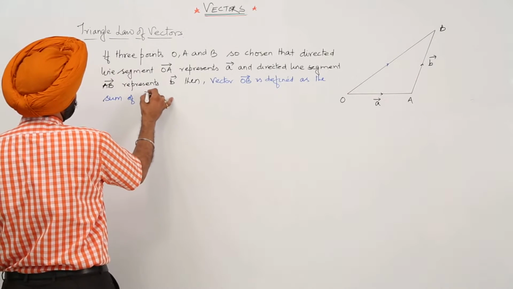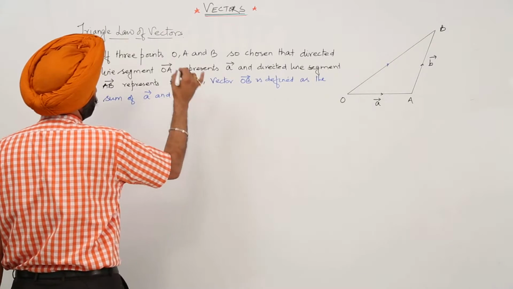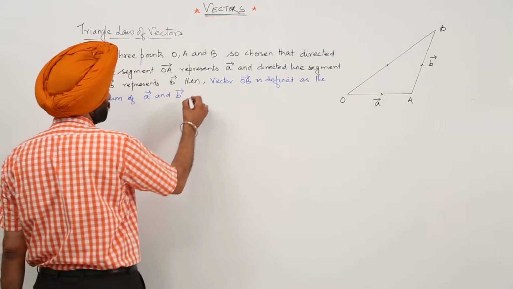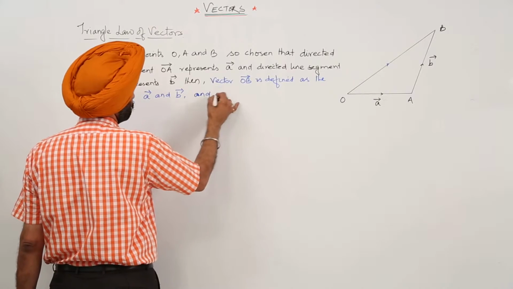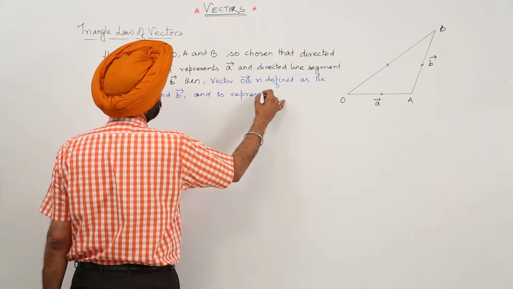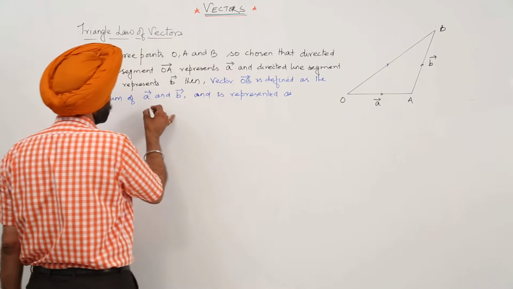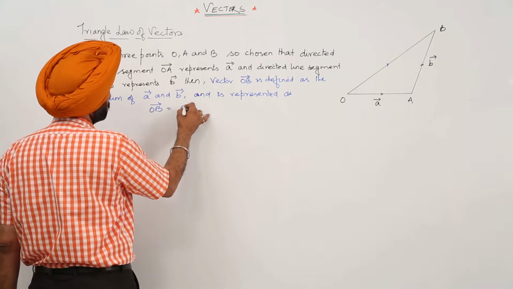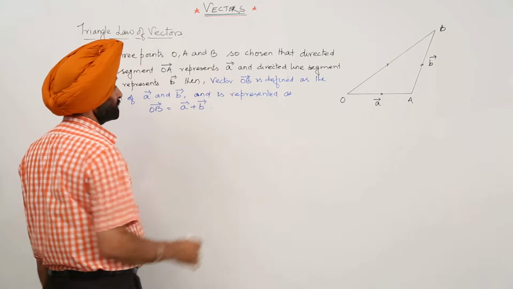the sum of vector A and vector B, and is represented as vector OB is the sum of the two vectors like this.